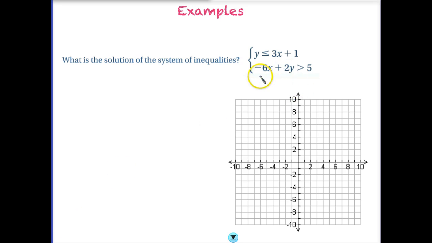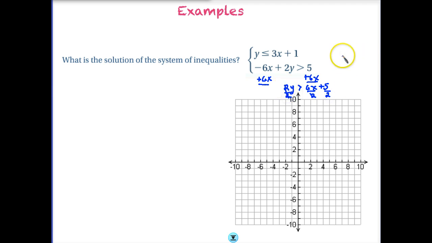I'm going to add 6x to both sides to move that over. So I'll add plus 6x here, and in my new equation, this is gone. I will have 2y is greater than 6x plus 5. Then I just need to divide everything by 2 in order to isolate my y term.